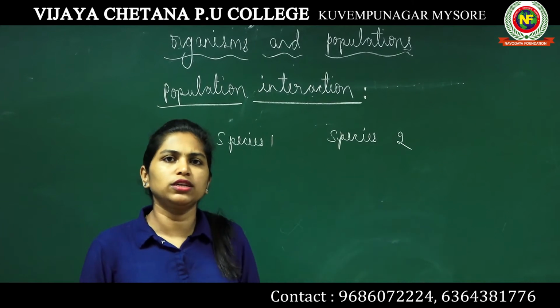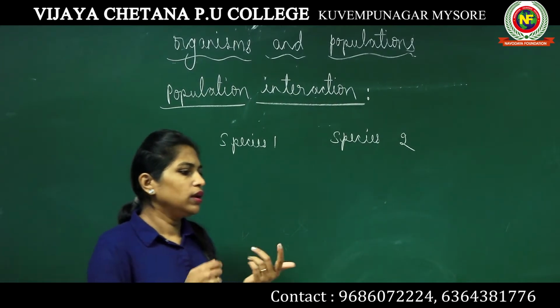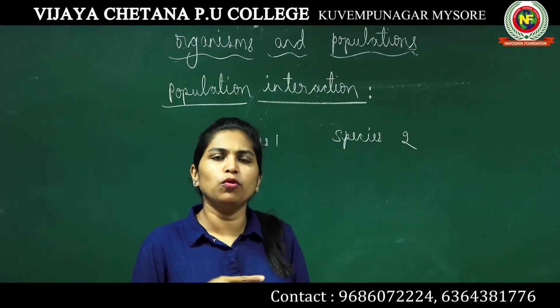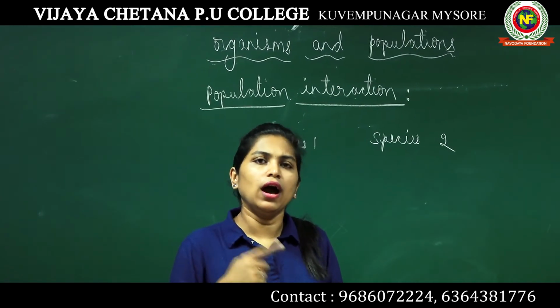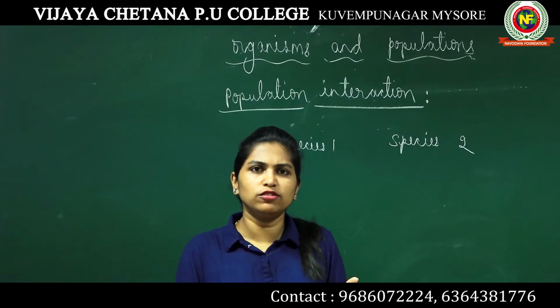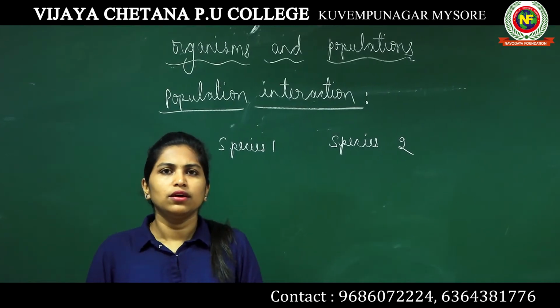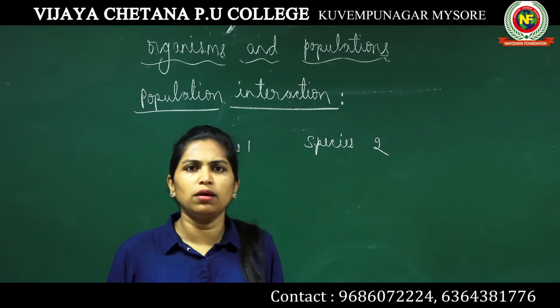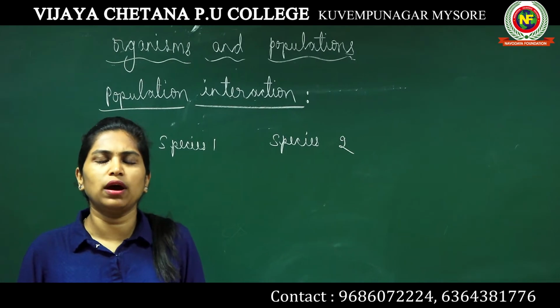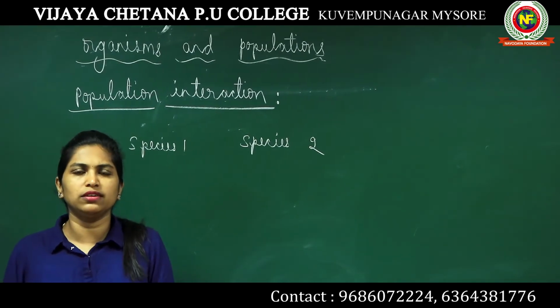Now, population interaction could be beneficial to both the species, harmful to both the species, beneficial to one species whereas harmful to another species, or there is neither harm nor benefit for both the species.